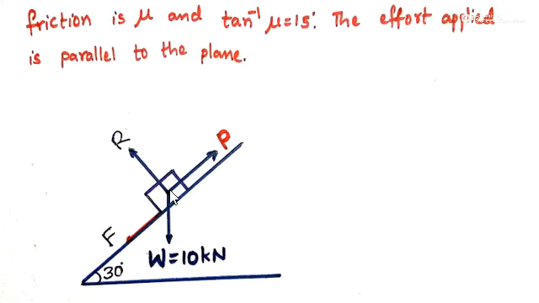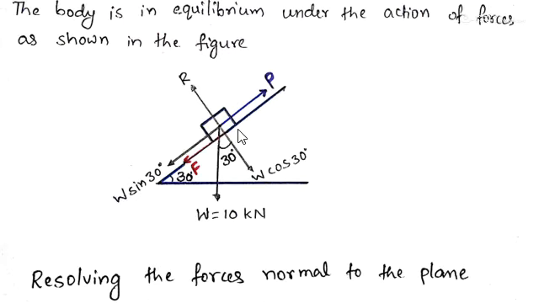So here W we can resolve into two perpendicular components. One is perpendicular to the plane and one is along or parallel to this inclined surface or plane. So like this we can resolve the forces. This W, weight of the body vertically acting downwards through the center of gravity, if you resolve this, one component is perpendicular to this inclined surface, so that we can write as W cos alpha, that is nothing but 30 degrees.